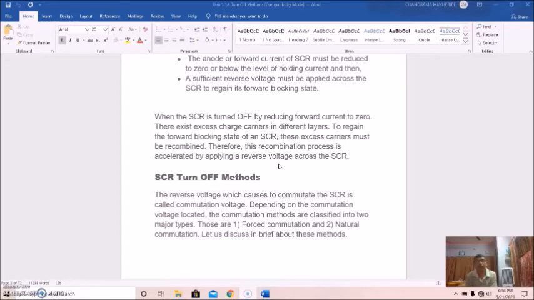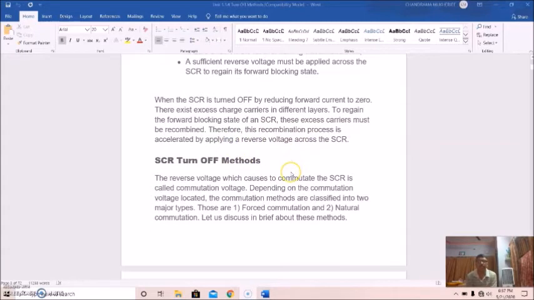So how do we recombine these excess carriers lying in the different layers? The recombination process can be completed by applying a reverse voltage across the SCR.